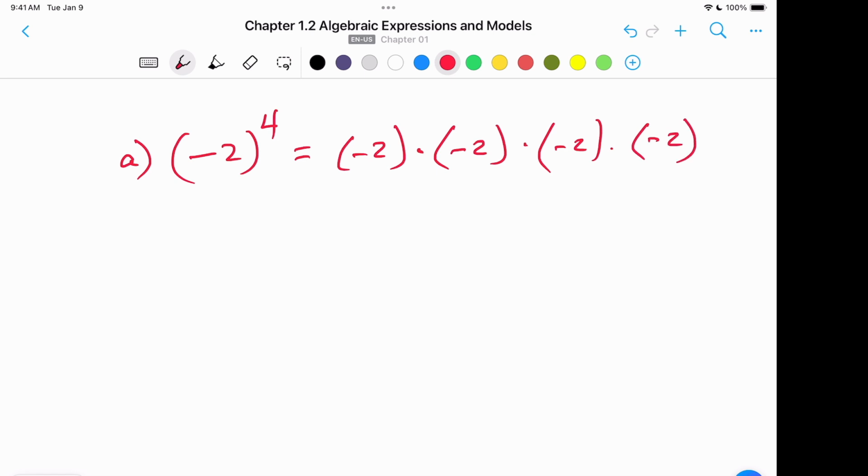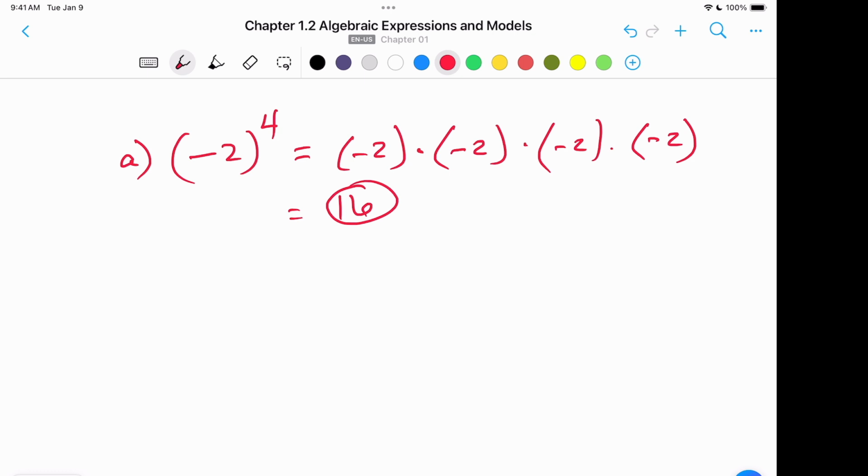Now when you have an even number of negative multiples, they become positive. So -2 times -2 is +4, times -2 is -8, times -2 is +16. So the answer is +16. That's your answer.